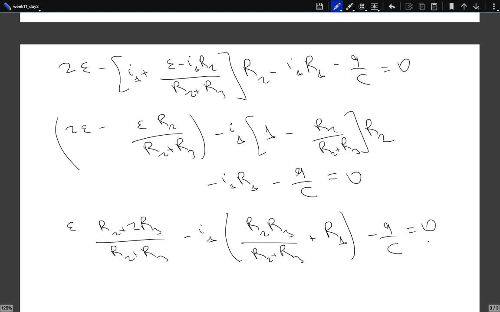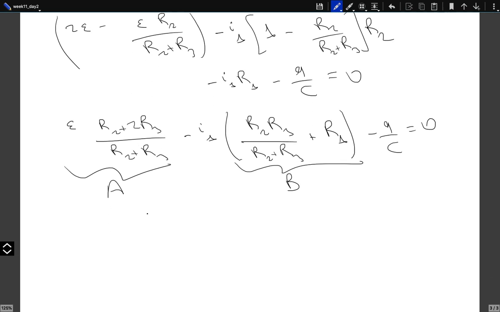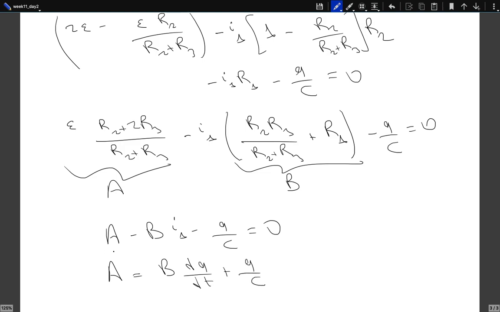Well, let me just give these some names, A, B, and C. Now, this is A, and this is B. So the equation we have is A minus B times I1 minus Q over C is equal to 0, or A is equal to B times dQ by dt plus Q over C.